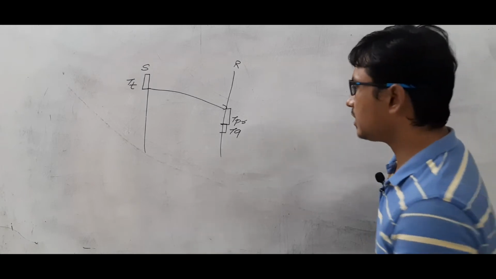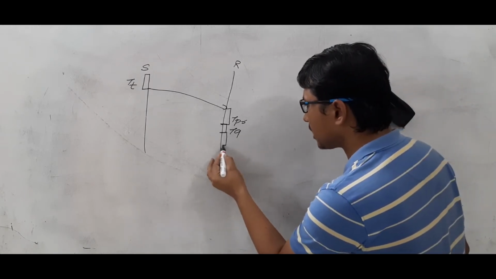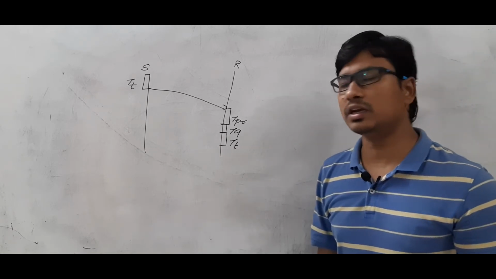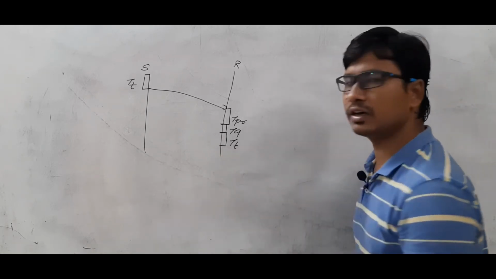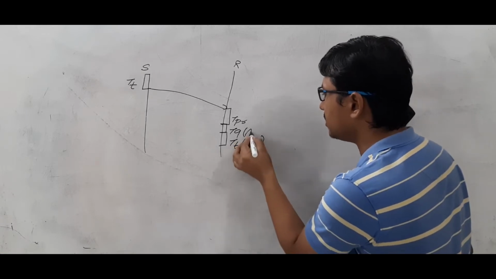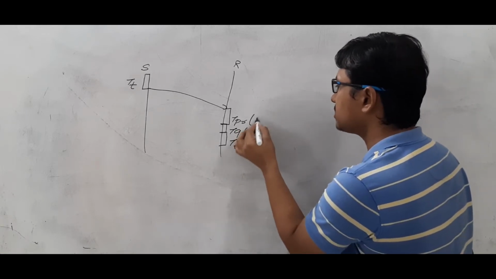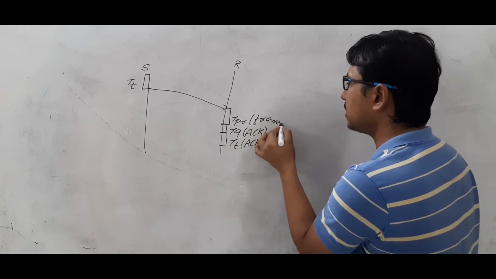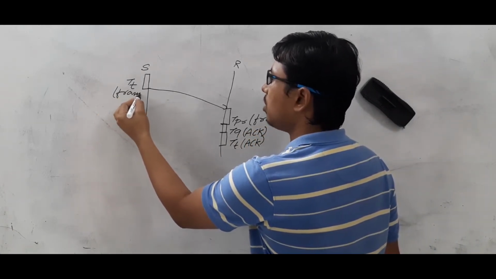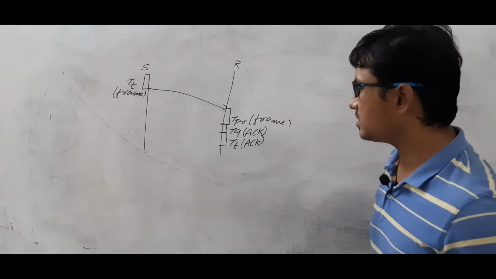Then the acknowledgement is transmitted. The acknowledgement also needs to be transmitted on the link, so again it waits for TT, which is for the acknowledgement. These two things are for the acknowledgement, and this is for the frame, and this is also for the frame. If you know all these delays, then it is very easy.